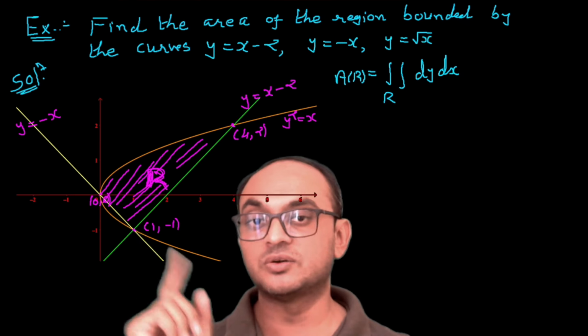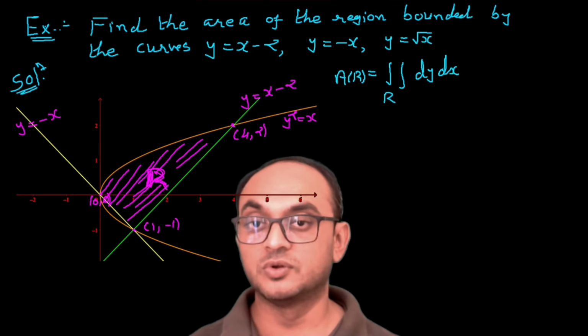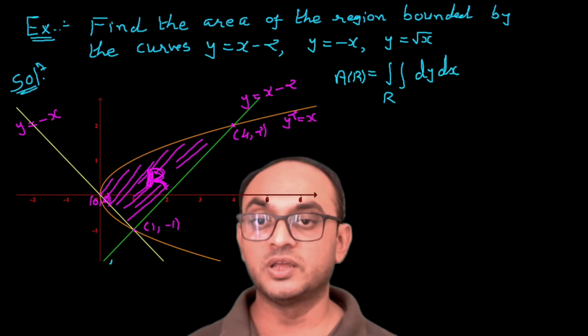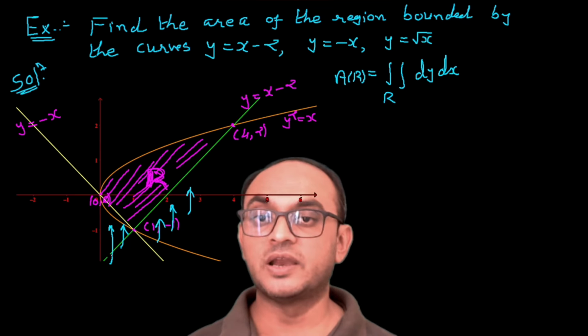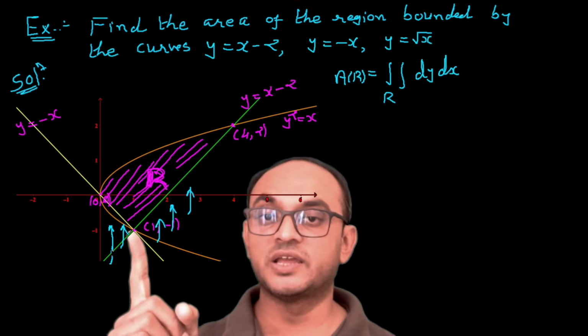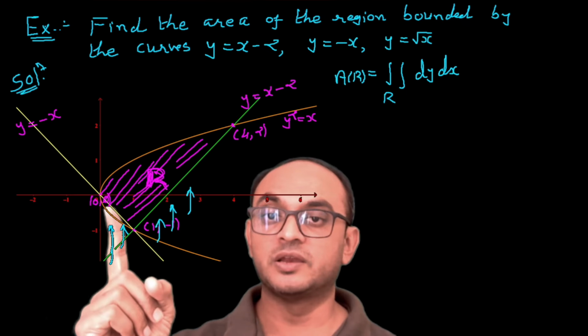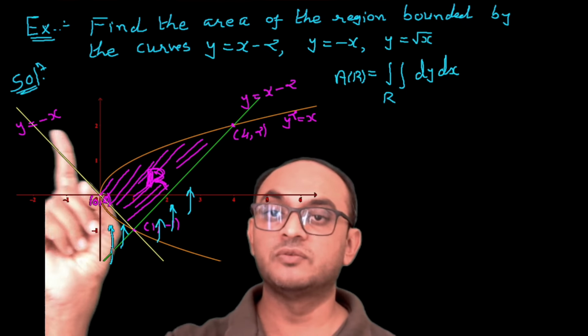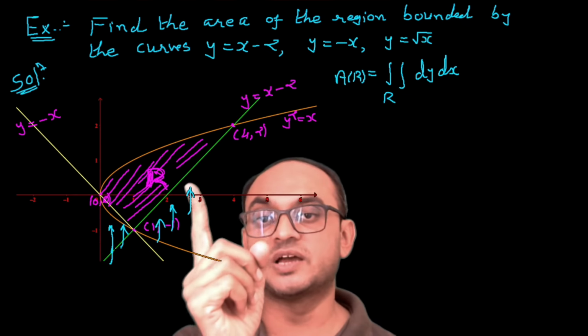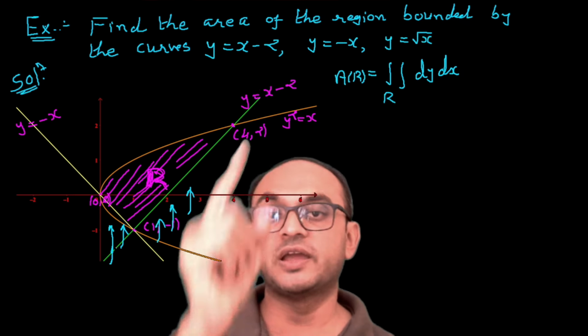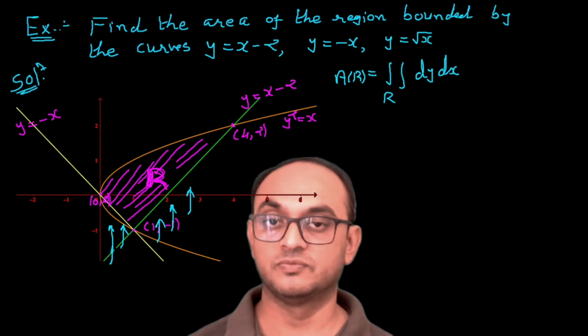Whenever the region has the corner point, now you observe, when you move vertically from down to upward direction, what is happening here? If you are entering from this side, that means you are entering from the line y is equal to minus x. If you are entering from this side, that means you are entering from the line y is equal to x minus 2.